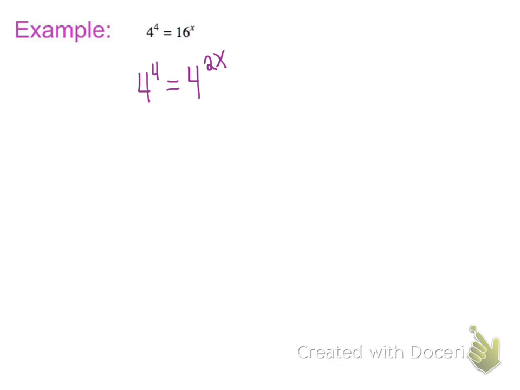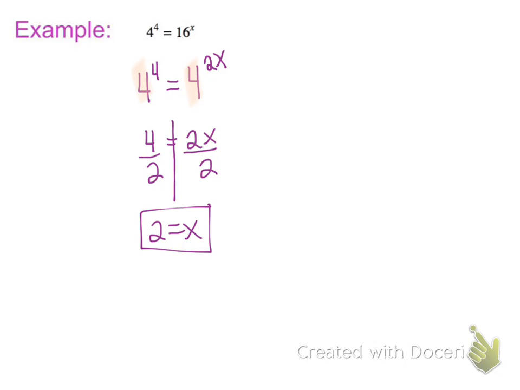And since they have the same base, which is the 4, there is a property that you'll learn in Algebra 2 that allows us to take the exponents, which is 4 and the 2x, set them equal to each other, and just solve for x. So we're going to divide both sides by 2, and we have 2 equaling x.